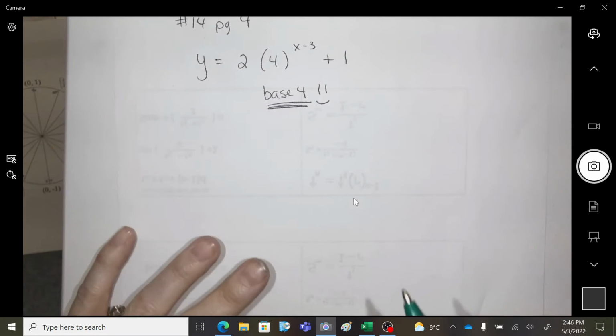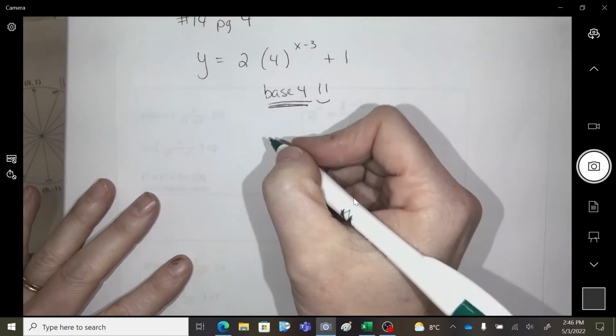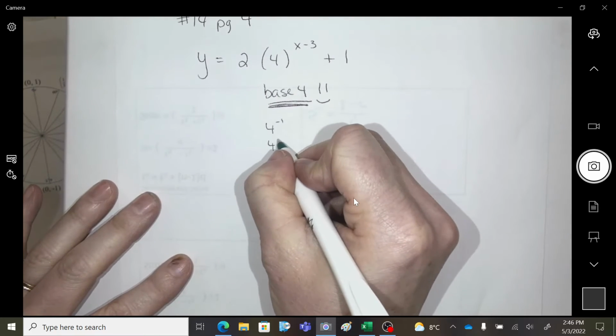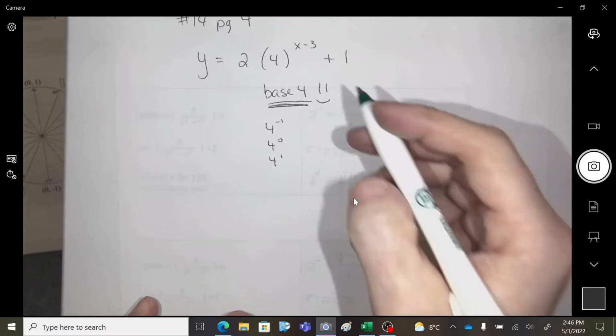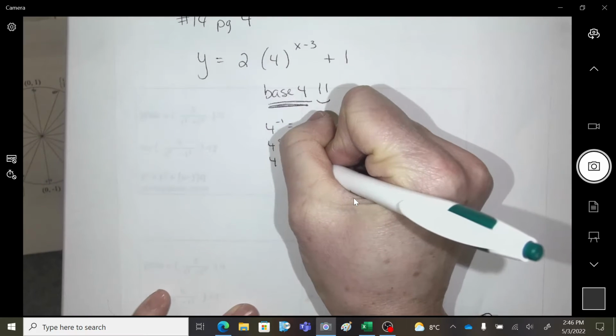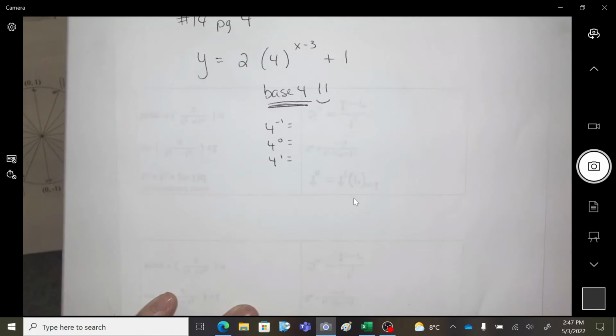Okay. So I'm going to just start. You ready? What are my 3 ideas? 4 to the negative 1, 4 to the 0, and 4 to the 1. I always start with that pattern. Get 3 basic points in the middle. Okay, what is 4 to the negative 1?